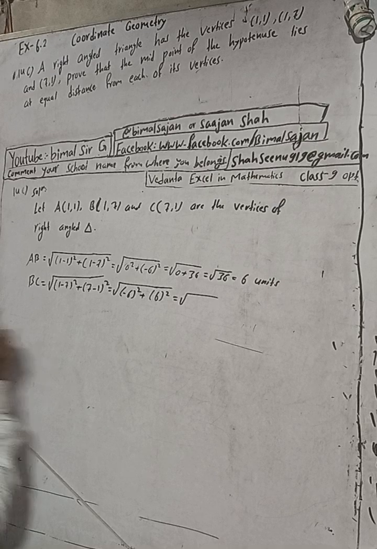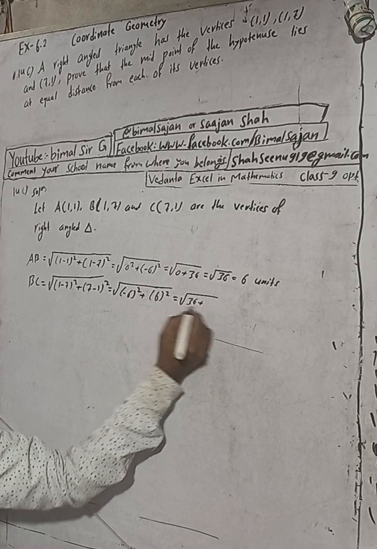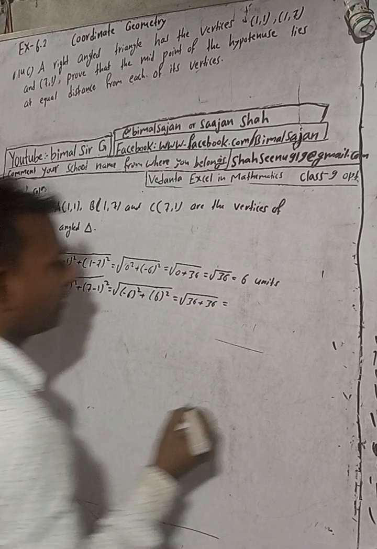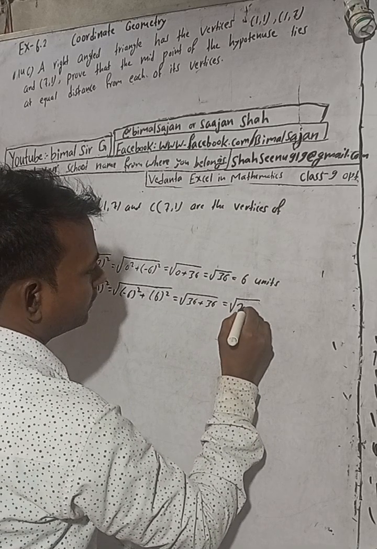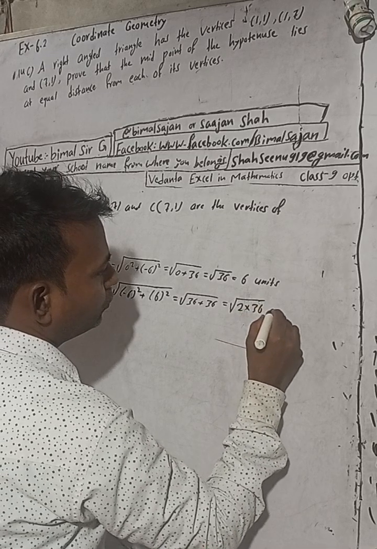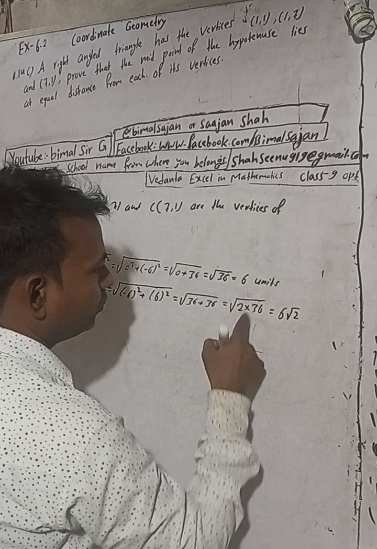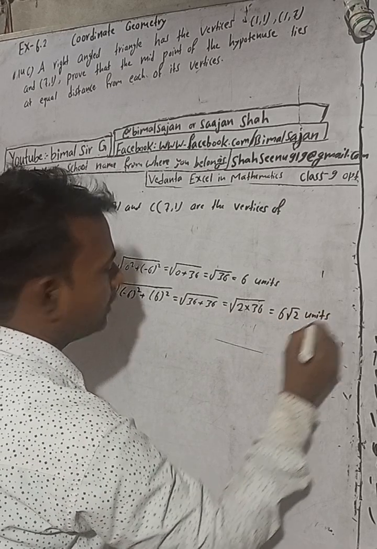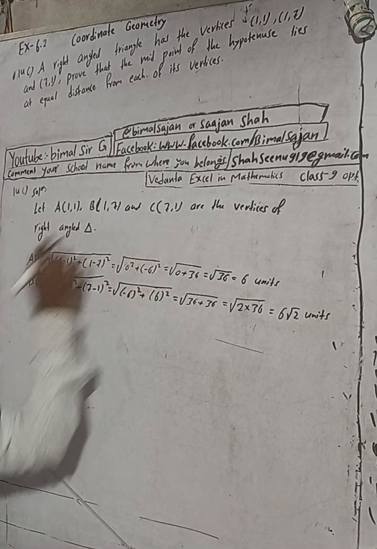So this is 6 root 2 units. AB, BC, now CA.